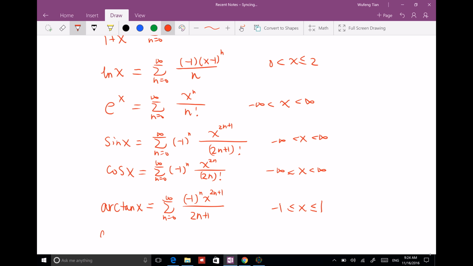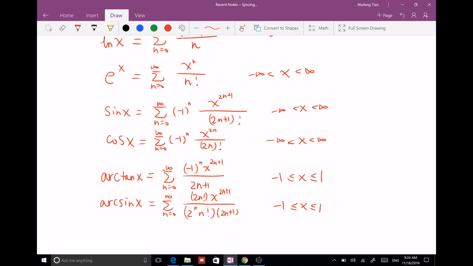So arc sine x is the sum from n equals 0 to infinity of (2n) factorial over (2 to the n times n factorial) squared, times x to the power 2n plus 1 over (2n plus 1), for negative 1 less than or equal to x less than or equal to 1.